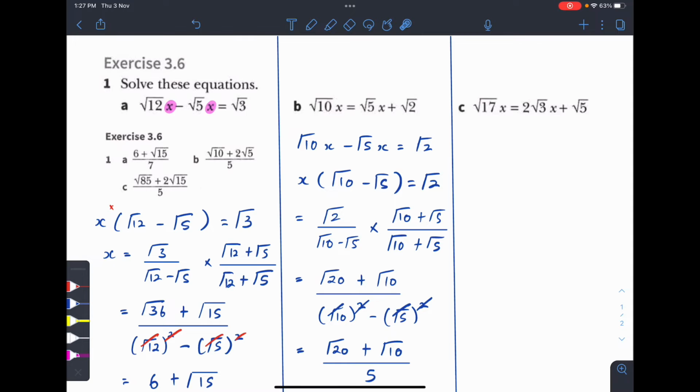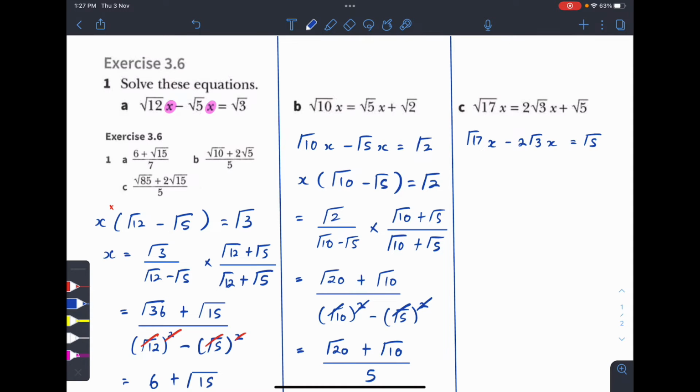Question C. Same thing here, we want to bring the x's together, so let's do that first. So root 17 x minus 2 root 3 x equals root 5. Got this already. What else can we do here?